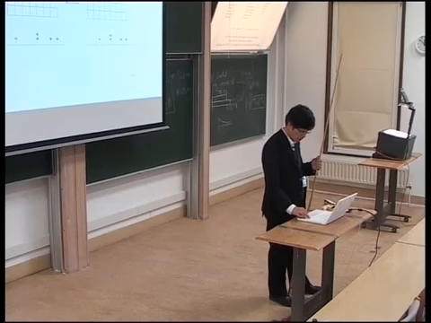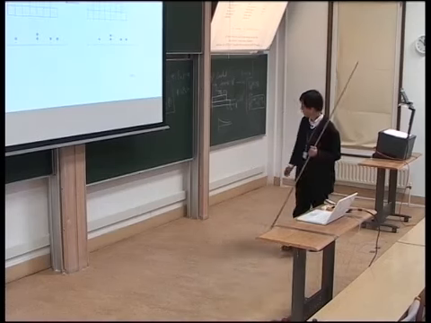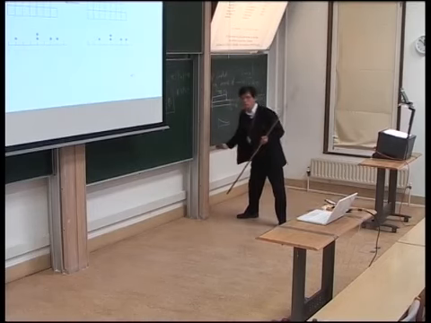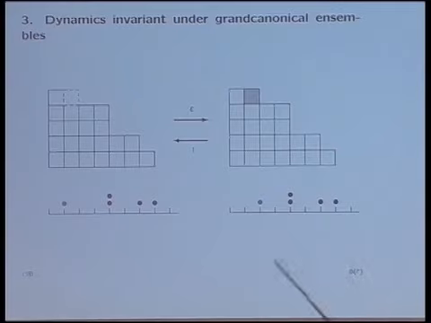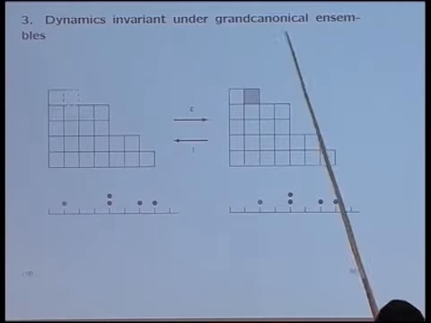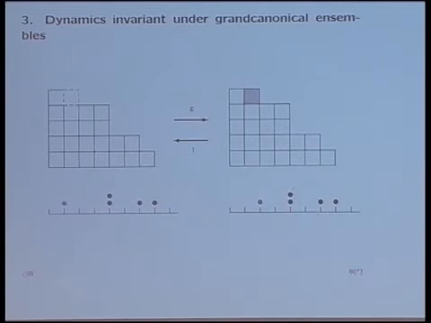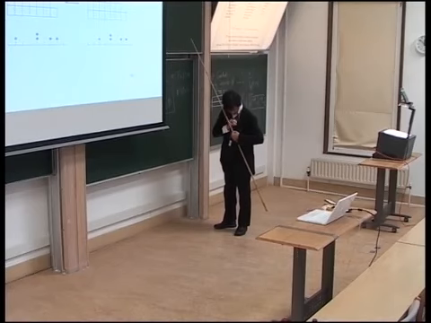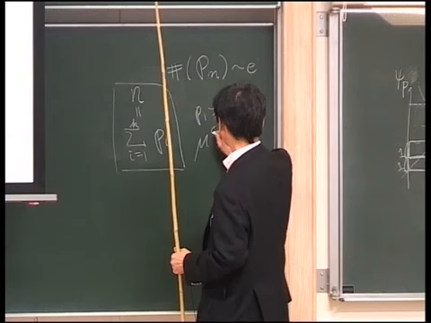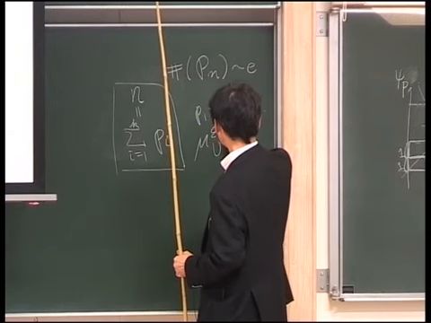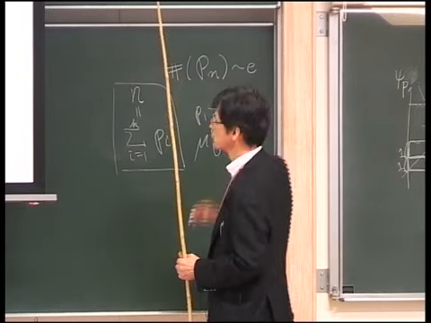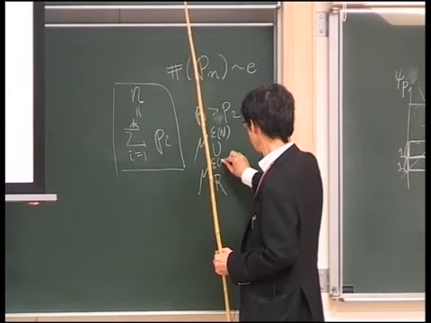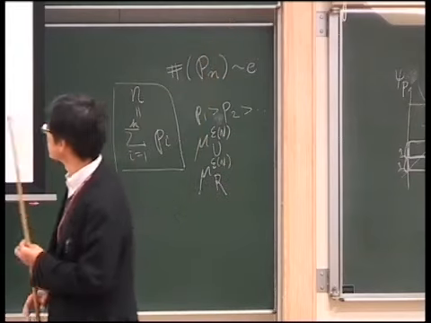Now, I want to introduce the dynamics for these Young diagrams. Which is invariant under these measures? So I consider the grand canonical ensemble, mu epsilon u, where epsilon depends on capital N, or mu r restricted uniform epsilon.